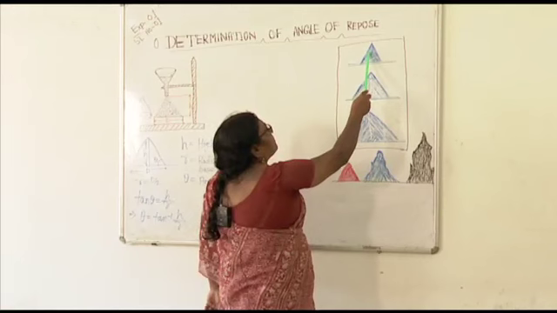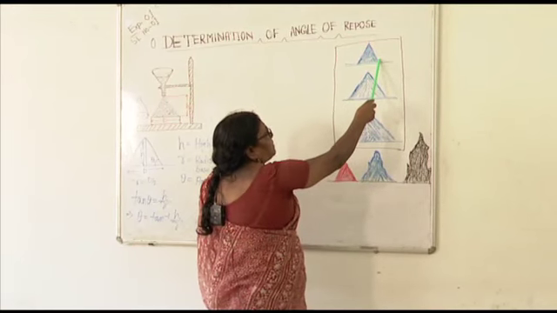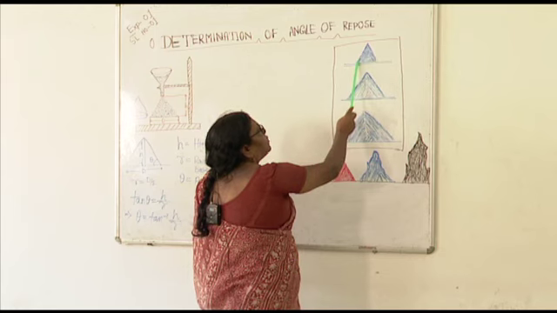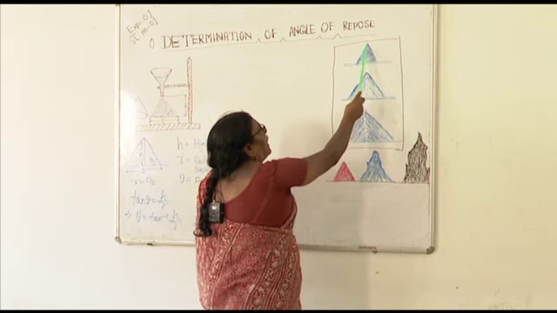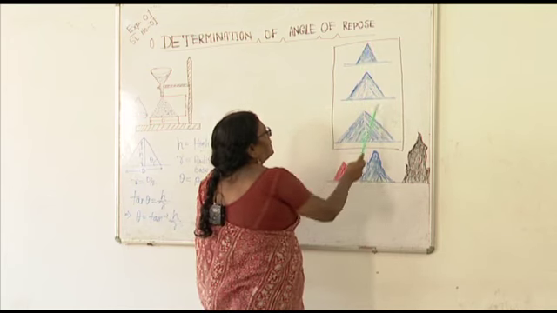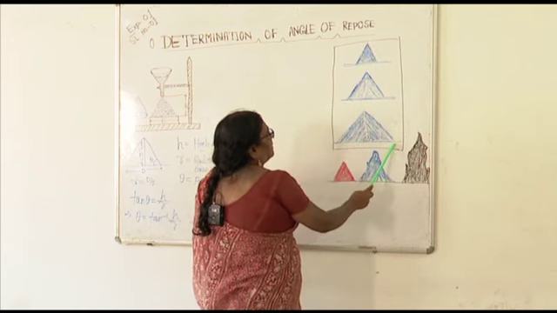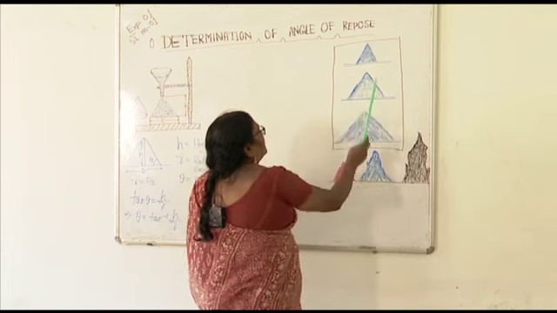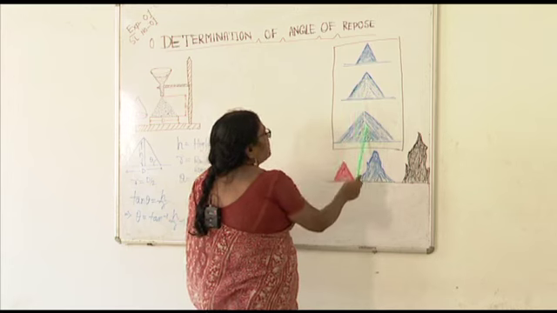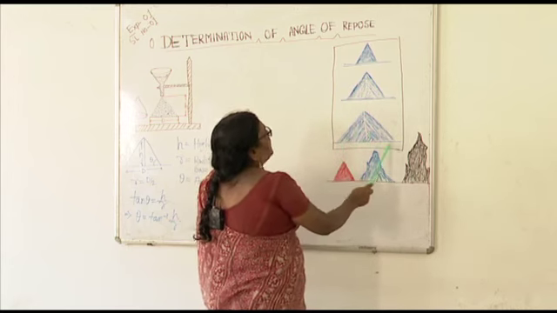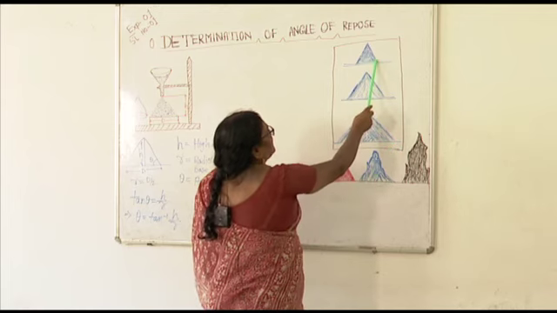Now you see, this is the smallest heap. Naturally, the base is also not very big, and this is the height. This is slightly bigger, this is even bigger. Suppose here we had only 1 kg of material, here 2 kg, maybe 5 kg. Accordingly, the spread was more here, and the spread is least here.